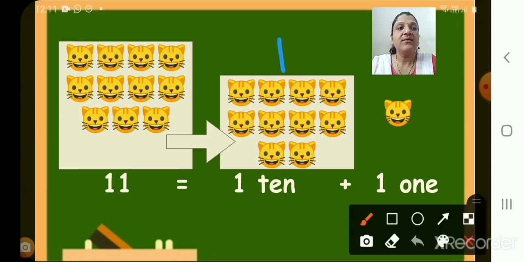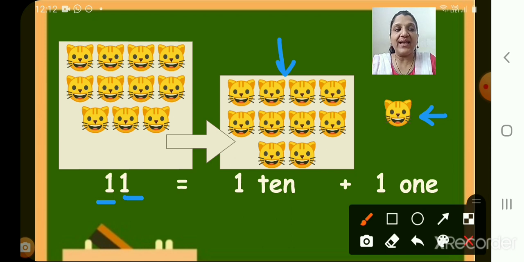And we call it as 1 ten. Now, remaining one cat is sitting aside. We call it as 1. Hence, in number 11, we find number 1 at tens place and number 1 at ones place.